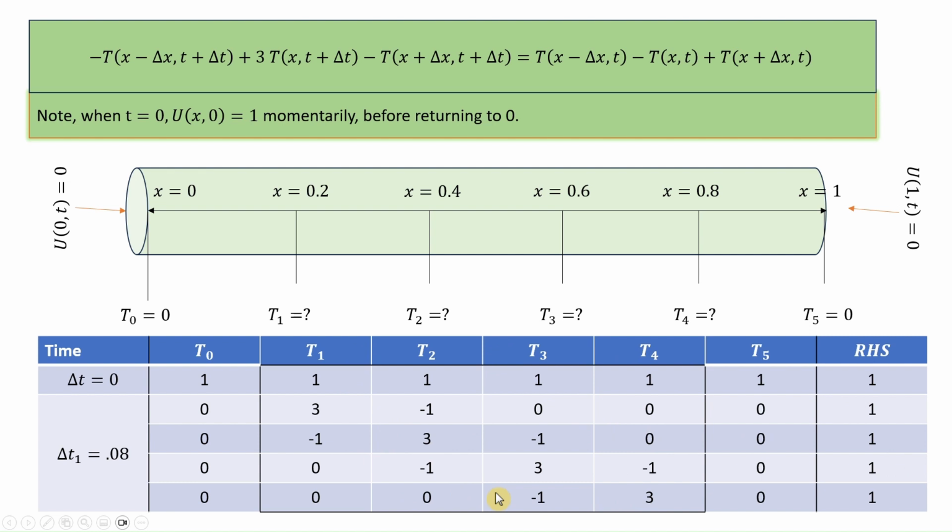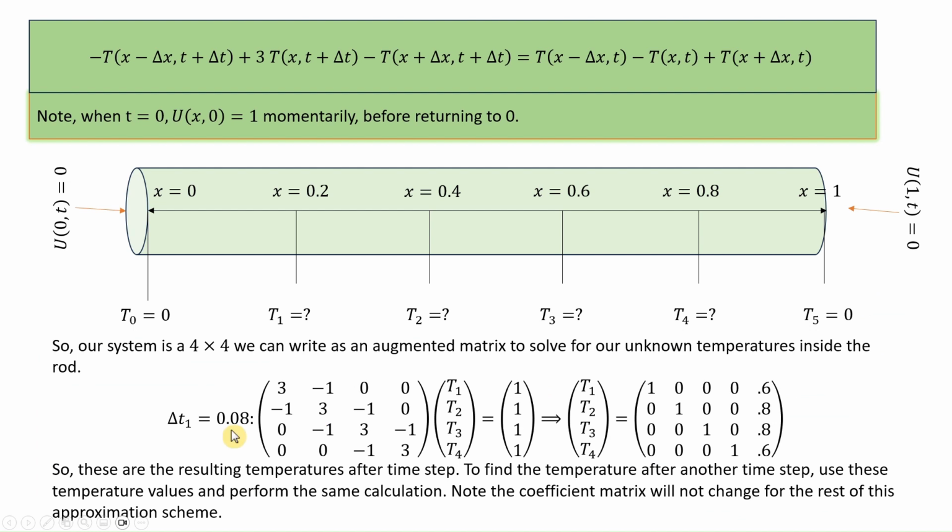So our A are these numerical values for this matrix, our x are the unknown temperatures, and then our b, so Ax equals b, our known temperatures starting the equation would be the right-hand side that we have equal to here.